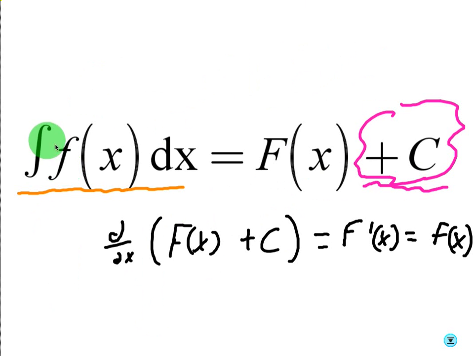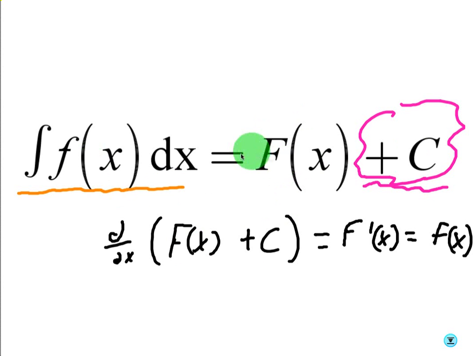If you take the antiderivative of a function with respect to x, that's what dx means, you will get a big F function. Okay. Now, we'll talk about the plus c in a second, but if you take the derivative of big F, you should get the derivative function back, little f.